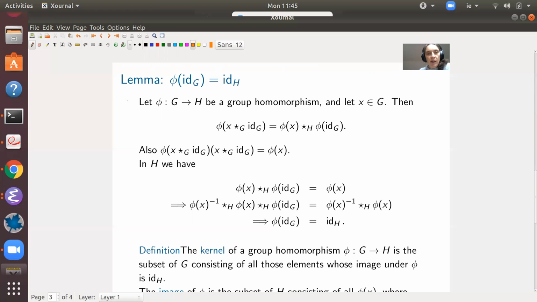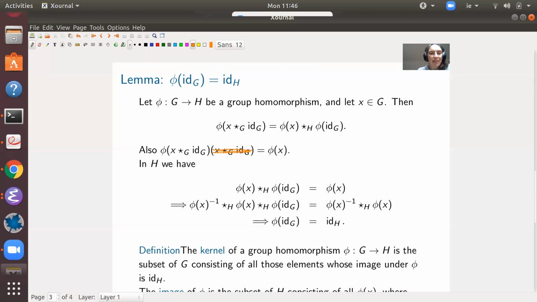So to see why that's true, if we give ourselves a group homomorphism from a group G to a group H, so think about the log function or the determinant function if you'd like to give yourself a more concrete example, and let's give ourselves an element X of G. Then if we apply the homomorphism to the composition of that element X with the identity element in G, that, according to the definition of homomorphism, is the image of X under phi composed in H with the image of the identity element in G. My apologies, the second factor should not be there in what I wrote.